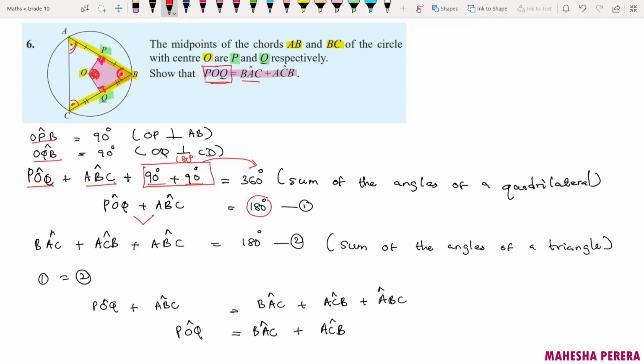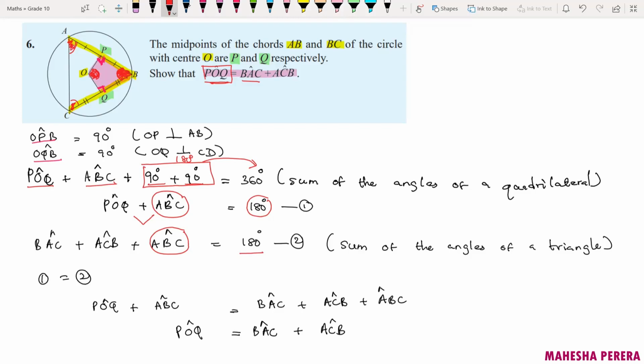Next, if you consider the triangle ABC, this angle plus this angle plus this angle becomes 180 degrees. Angle B, that means angle ABC, is common to this equation as well as the previous equation. So you have to write the step like this: write the three angles and equals 180 degrees.